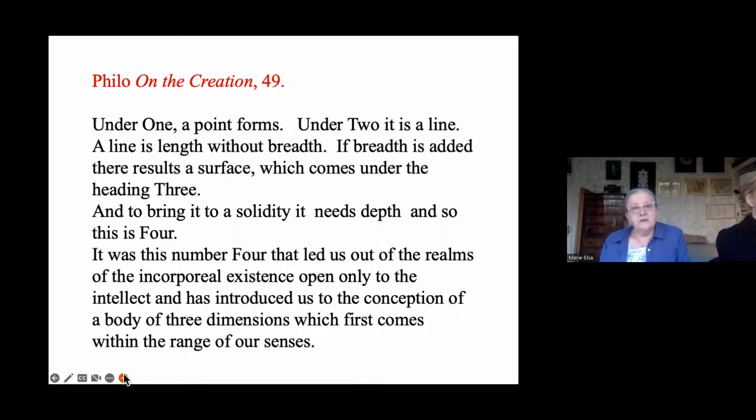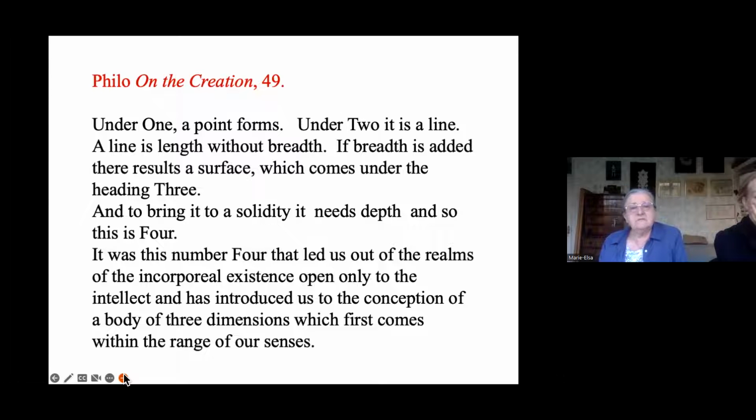So he says, one, point forms. When you have two, in other words, you join 2 points, it becomes a line. A line is length without breadth. If breadth is added, there results a surface, which comes under the heading 3. And to bring it to a solidity, it needs depth, and so this is 4.